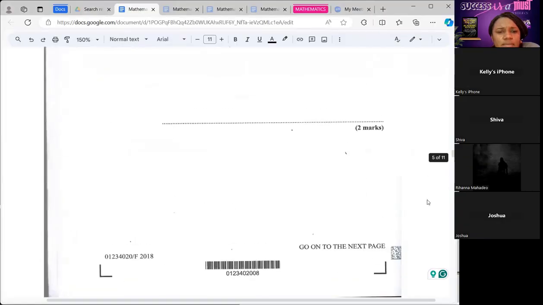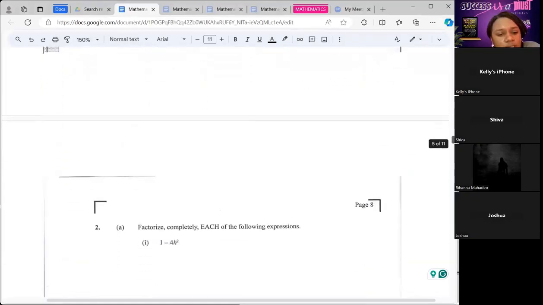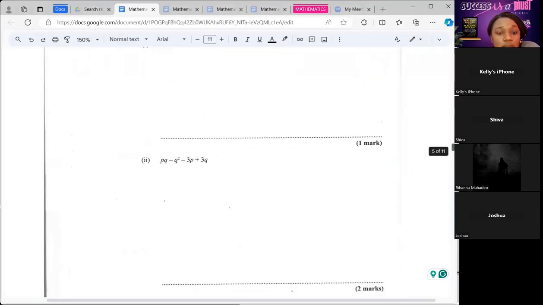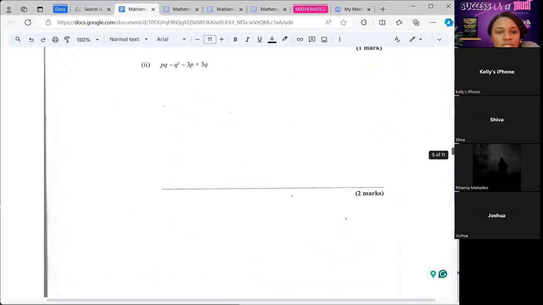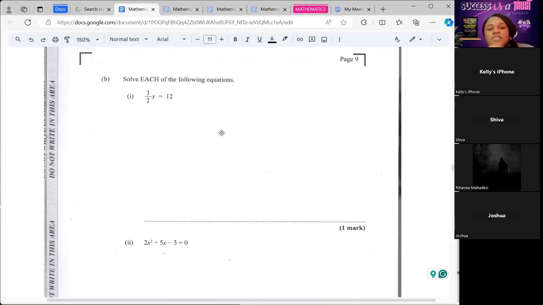Look at how they have this written here. In the question, they have factorize each of the following expressions. So that was number 2A. That factorization only applied up to here, right? And then part B, they said to solve each of the following equations, which means you could have used the quadratic formula to solve this.